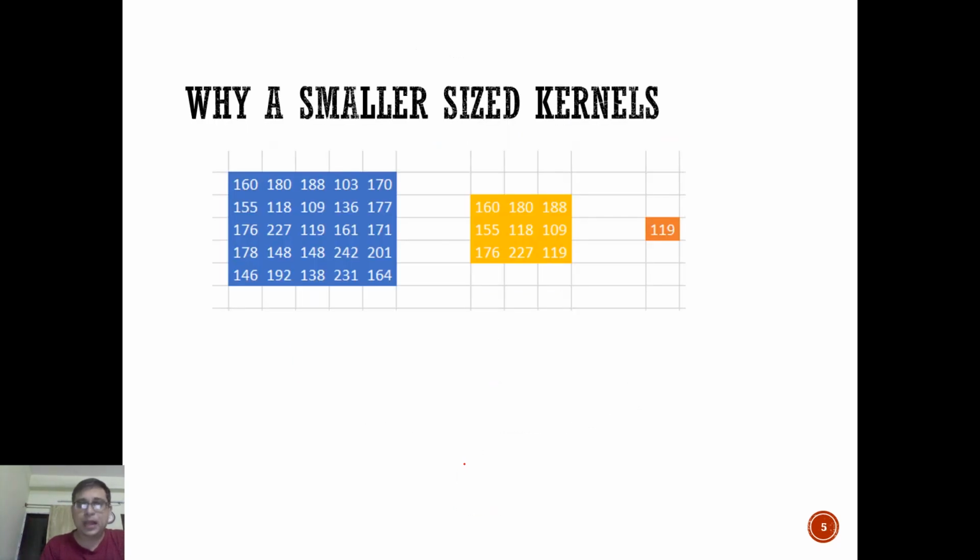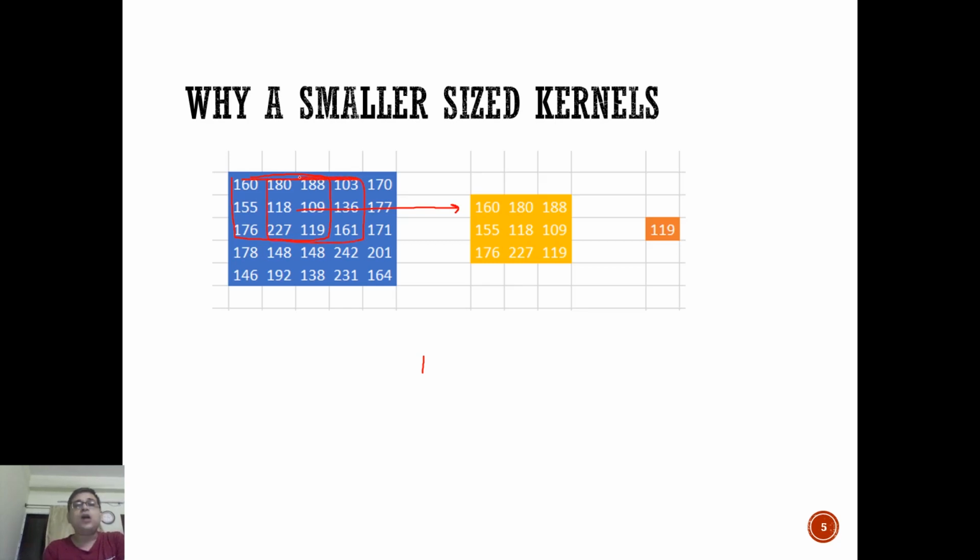Now, why would a smaller size kernel work? Let's understand this. Take an image of size 5 by 5 and a kernel of 3 by 3 with a stride of 1. I start from here, the middle element goes over here for the convolve operation, then I take a stride of 1, and so on.